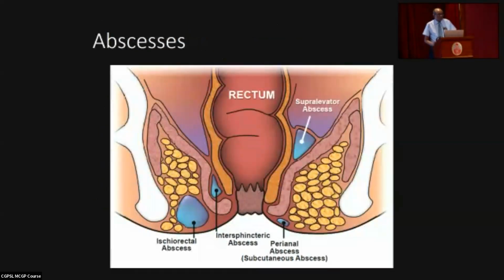Moving on to abscesses, there are a lot of loose spaces in relation to the anal canal. So that's the rectum and that's the anal canal. Infections can get into any of these spaces and cause abscesses. So you can have a perianal abscess, right, just under the skin there. Then you can have ischiorectal abscesses, which can extend quite deep because of the loose areolar tissue.